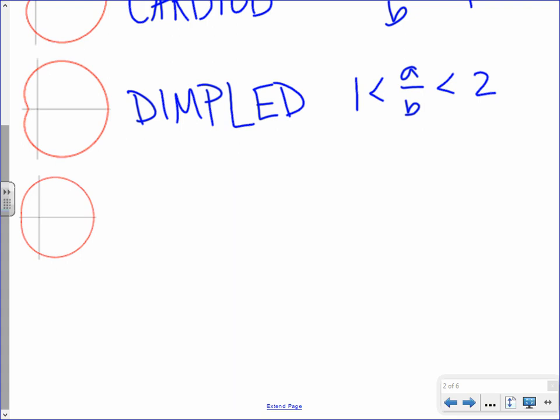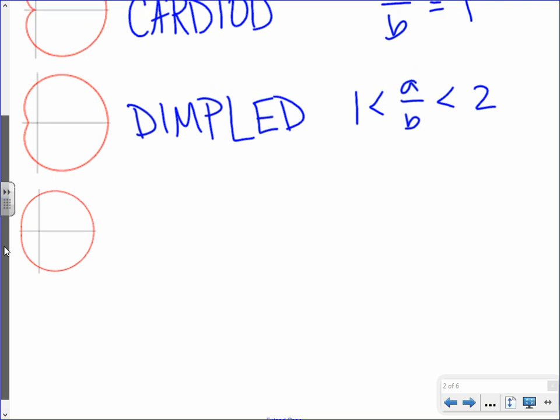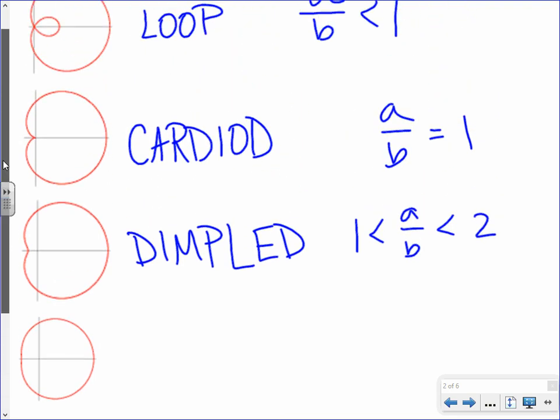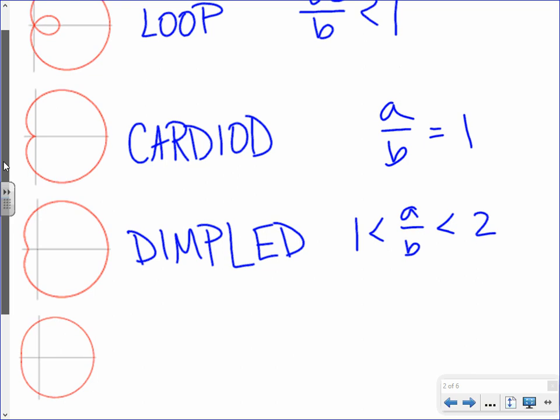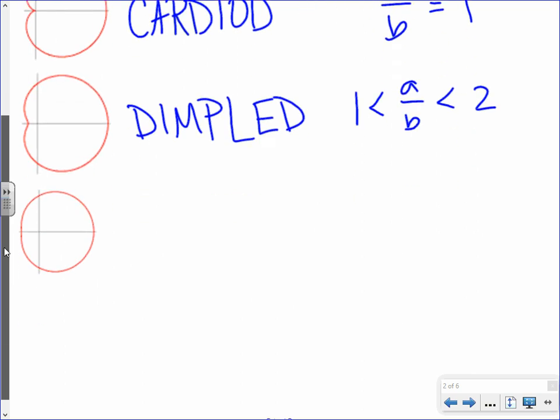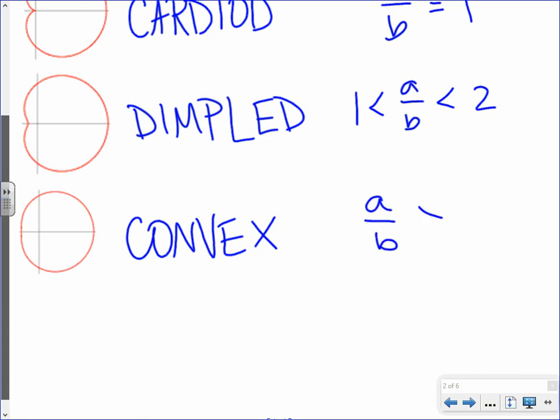Depending on the A and B, the bigger it is, the more you can tell that it's really squished, but it's ovalish, a little bit flat right there. You'll notice that this is the only one that doesn't have an indent, right? So we call this one a convex limaçon. And this happens when A over B is less than or equal to 2.